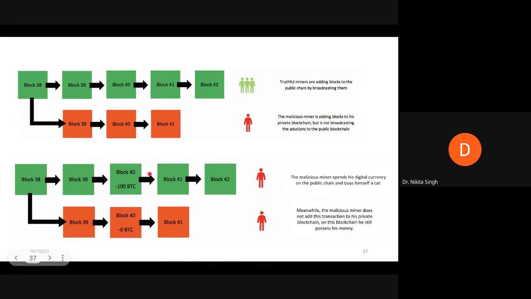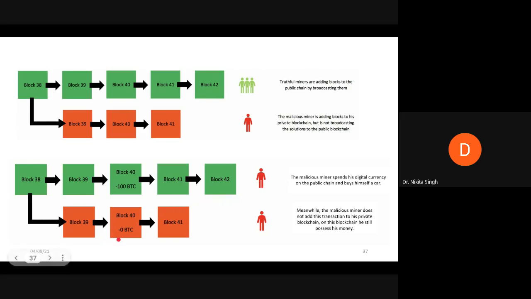So when you look here, you can see on block 40 that he has spent his 100 bitcoins. Okay. But when he is creating his dishonest blockchain, he does not add that transaction. So on this truthful, honest blockchain, his money is spent.